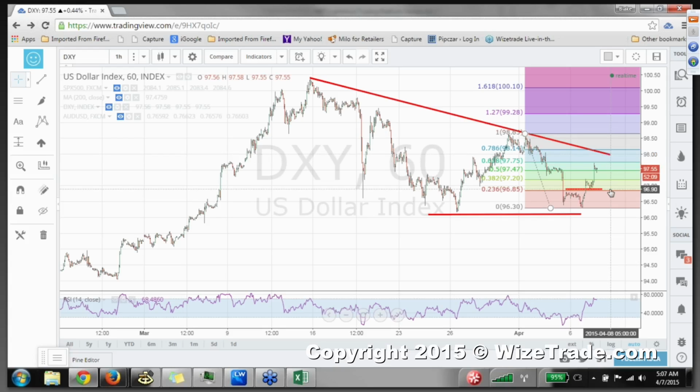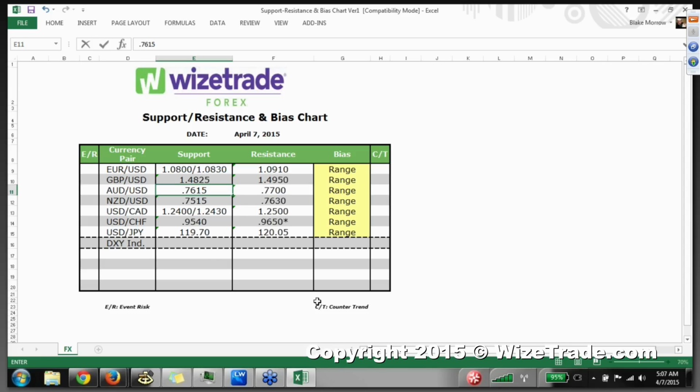Support's going to be back down here at 97. Resistance is going to be 97.75, and probably as we get there, it's going to intersect with this downtrend line. So let's write down those numbers: 97 and 97.75.